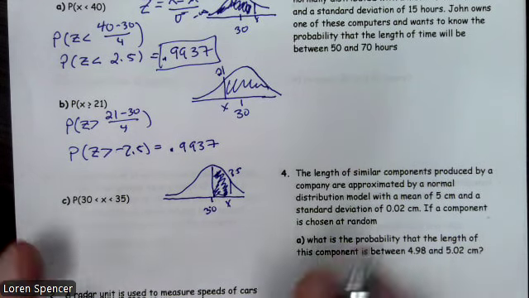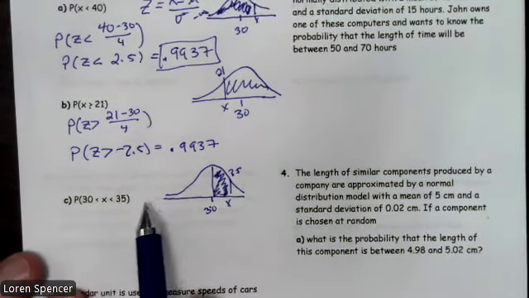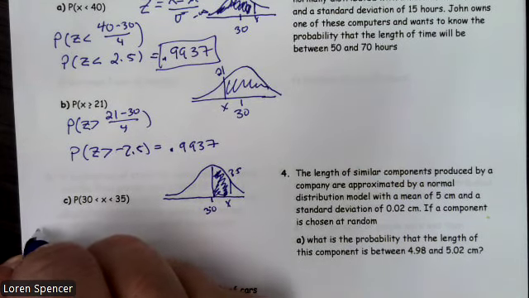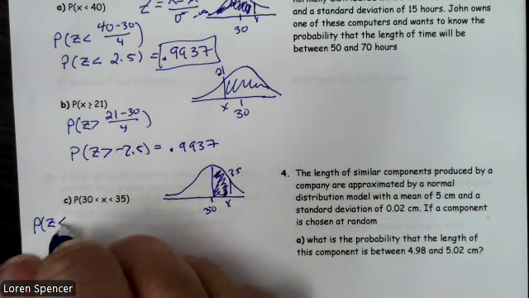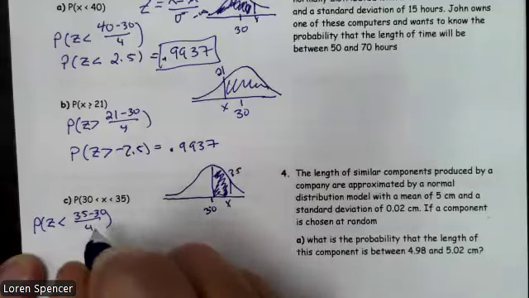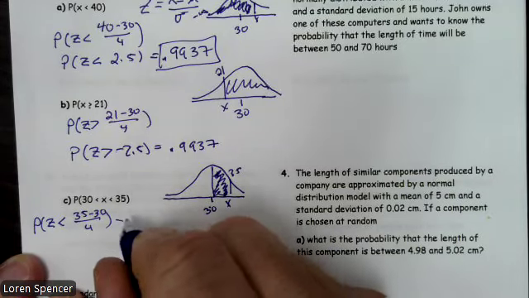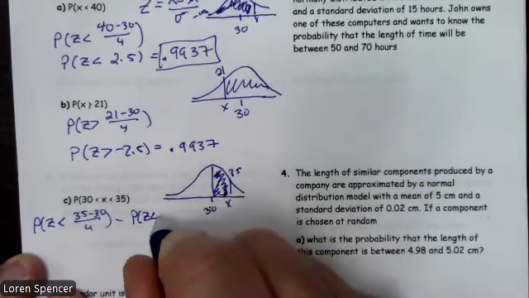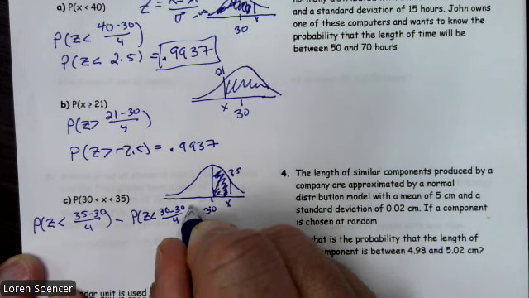I'm going to do this a long way so that we can see everything in case it wasn't set up this way. So I need to start off with my larger value, which is 35. So we want the probability that z is less than 35 minus my mean of 30 all over 4, minus the probability that z is less than 30 minus 30 over 4.